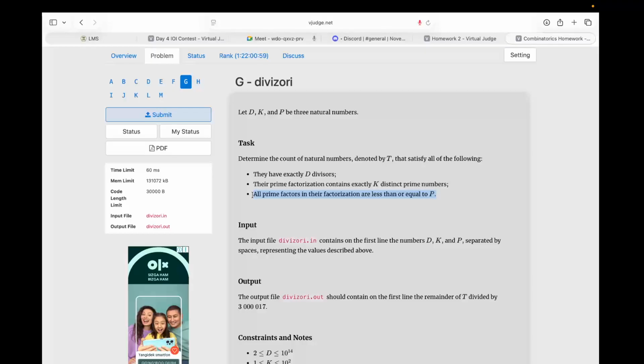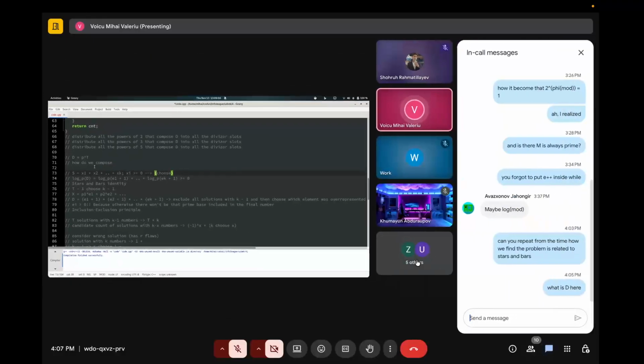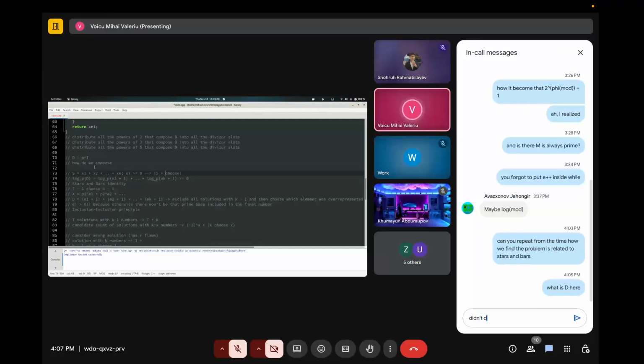For this case, it would be greater than 1, but we'll simplify that to 0. And yeah, that's it. We know that such a case is solvable. The number of such solutions is equal to S plus k minus 1 choose k minus 1.